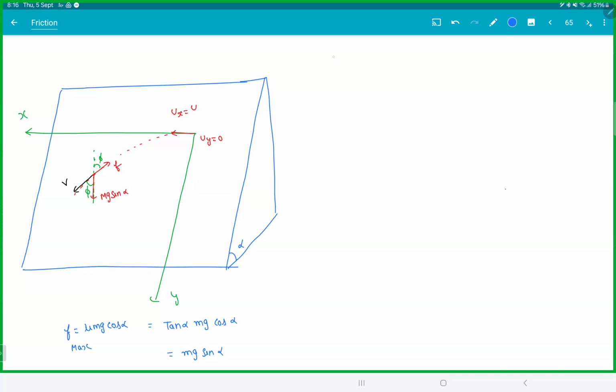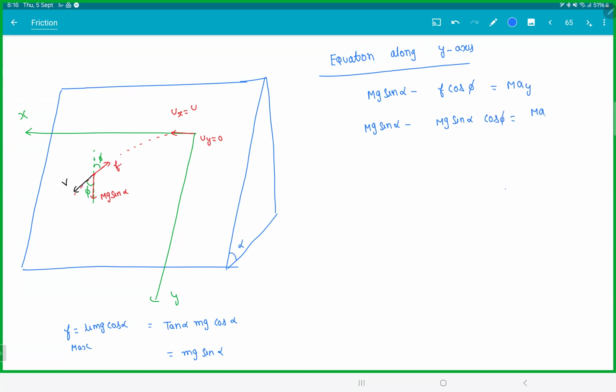Now, let's write the equation along the y-axis. The forces will be mg sin alpha minus f cos phi is equal to mass into acceleration in the y direction. So this is mg sin alpha. Friction will be mg sin alpha cos phi, which is m ay.